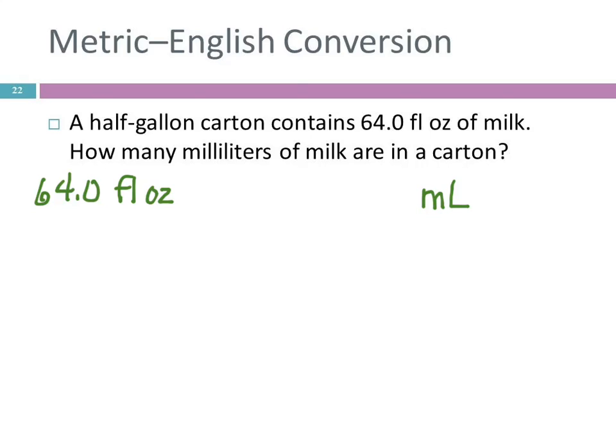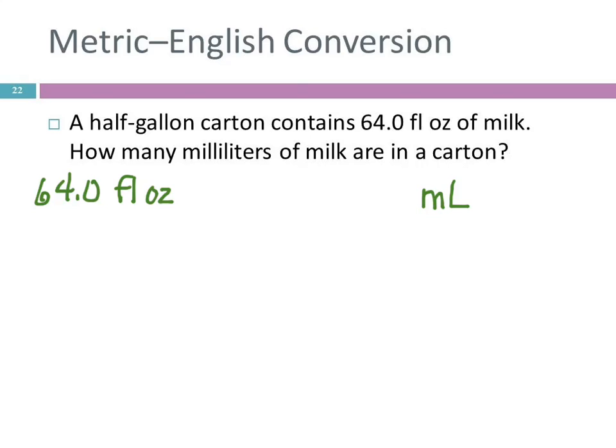Anybody know the relationship between fluid ounces and milliliters? I think it's 355 milliliters is equal to 12 ounces. Anybody have a can of soda? It's on the can of soda.